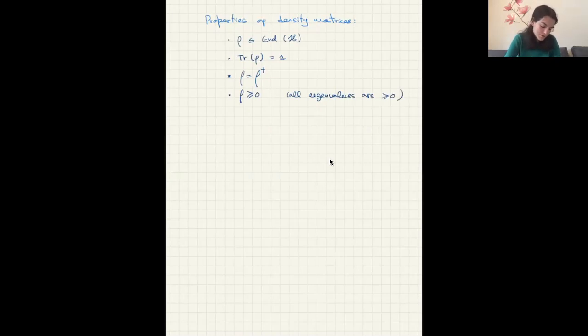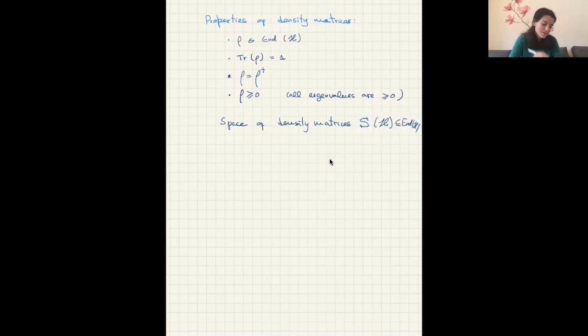So normally we call the space of density matrices something like S. I have not looked at what the book calls it yet. Which is just a subset of endomorphisms on H. It's a subset of all square matrices. So it's the ones that are also Hermitian and have trace 1.